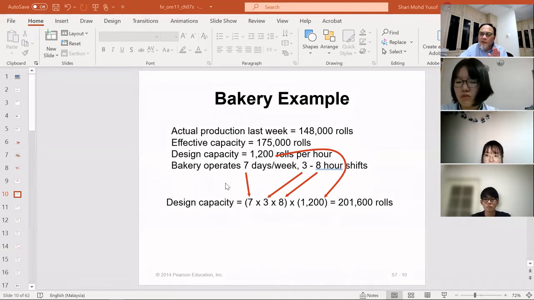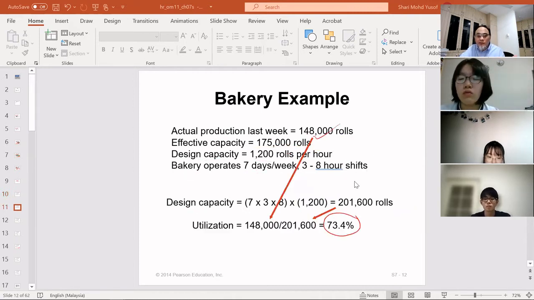So we must not just stop at utilization. You must calculate both, because utilization will only compare with design capacity. So any processes, measure efficiency, because efficiency will show the real one.